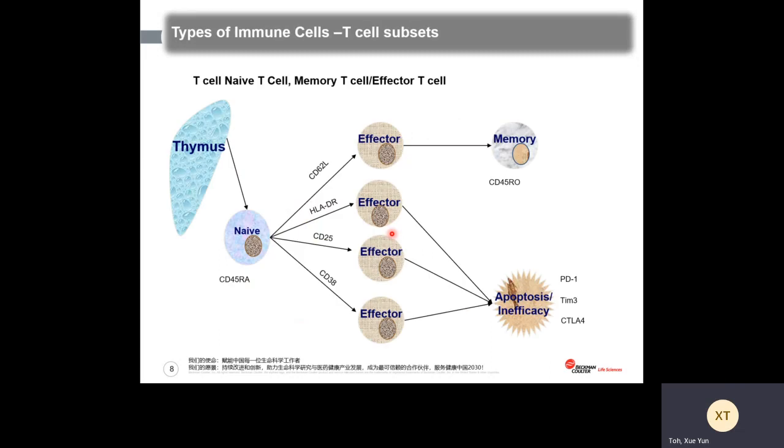We can further dive down into the functional aspects of T cells in an infection. Our T cells originate from the thymus as naive T cells expressing CD45RA, and they have low antigen specificity and limited fighting capabilities. Upon their first encounter with a pathogen like a virus, they will expand and develop into effector T cells, which are the ones triggering the immune response.